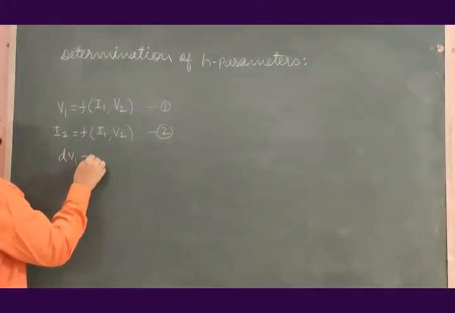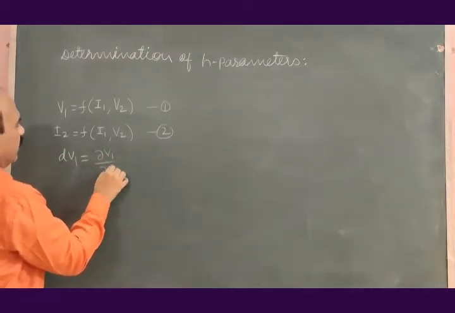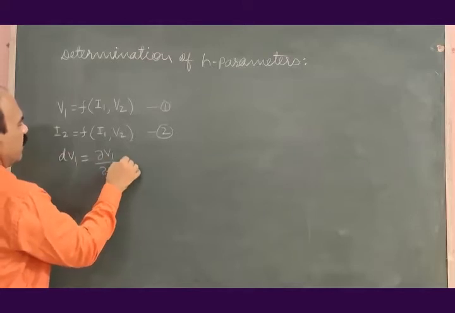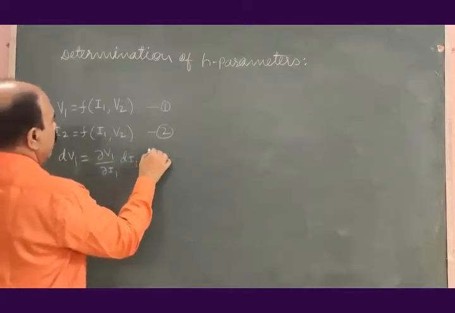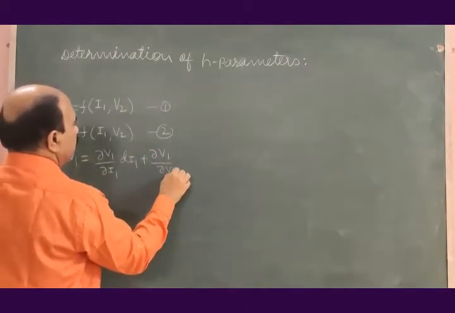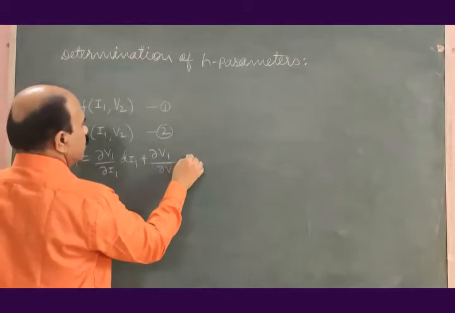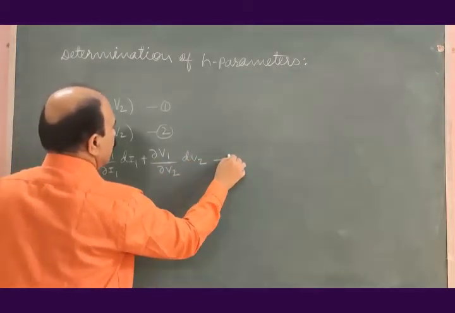dV1 is equal to dou V1 by dou I1 into dI1 plus dou V1 by dou V2 into dV2.